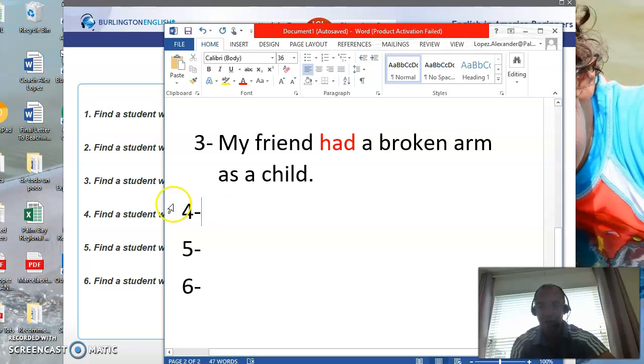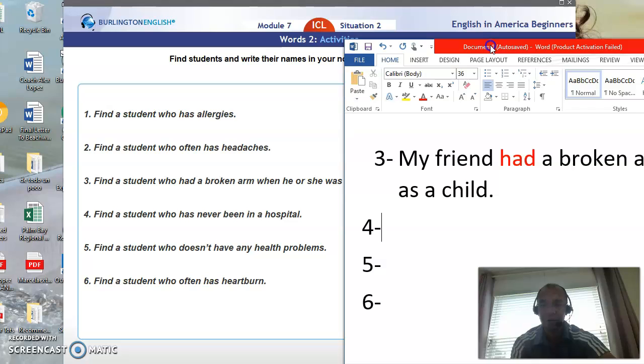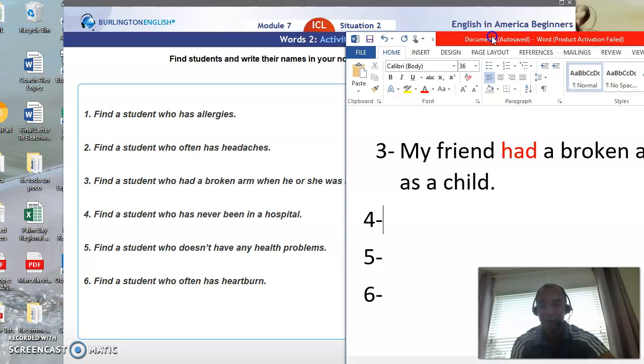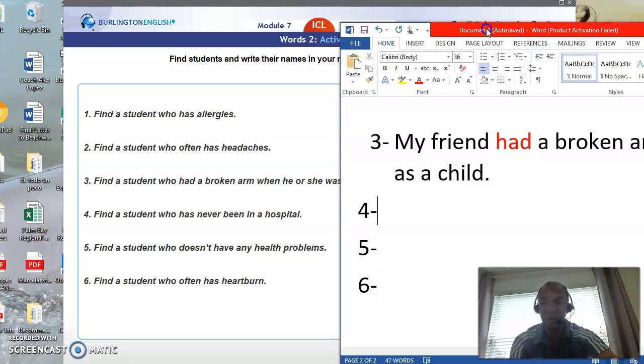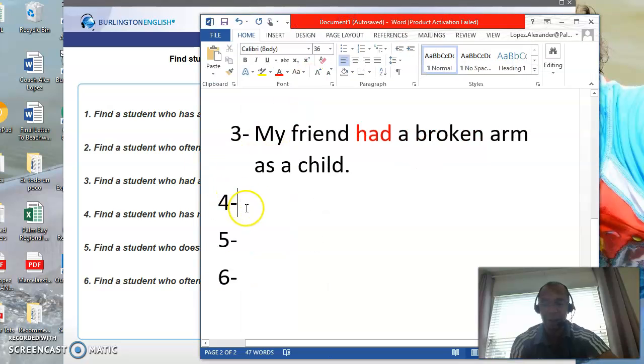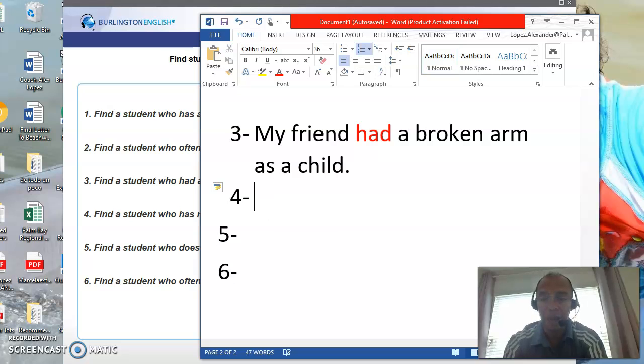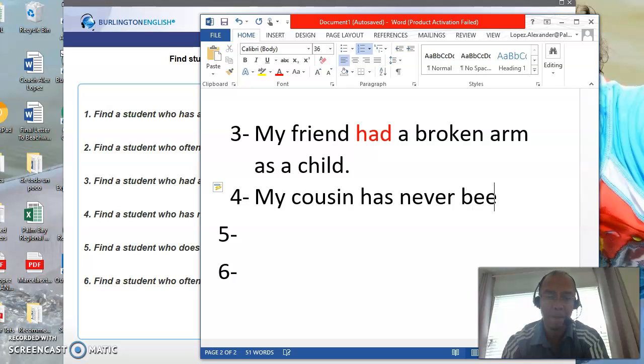Let's go and try to do the next one. Find a student who has never been in a hospital or have a family member that has never been in the hospital, or a friend. Well, my cousin has never been in a hospital.